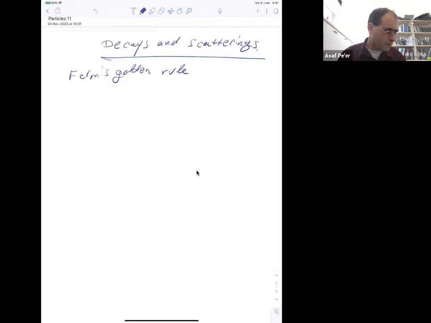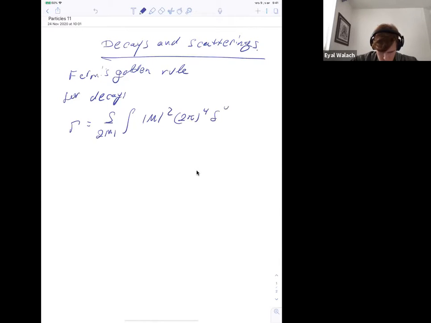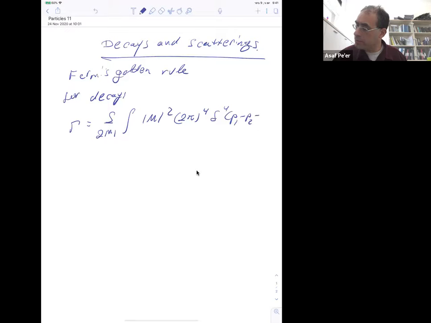So just the bottom line for a decay: Gamma is S over 2m1 integral over |M|^2 (2π)^4 δ^4(p1 - p2 - ... - pn), multiplied by the product over j equal to 2 to n of 1 over 2 square root of pj^2 + mj^2, d^3pj over (2π)^3.